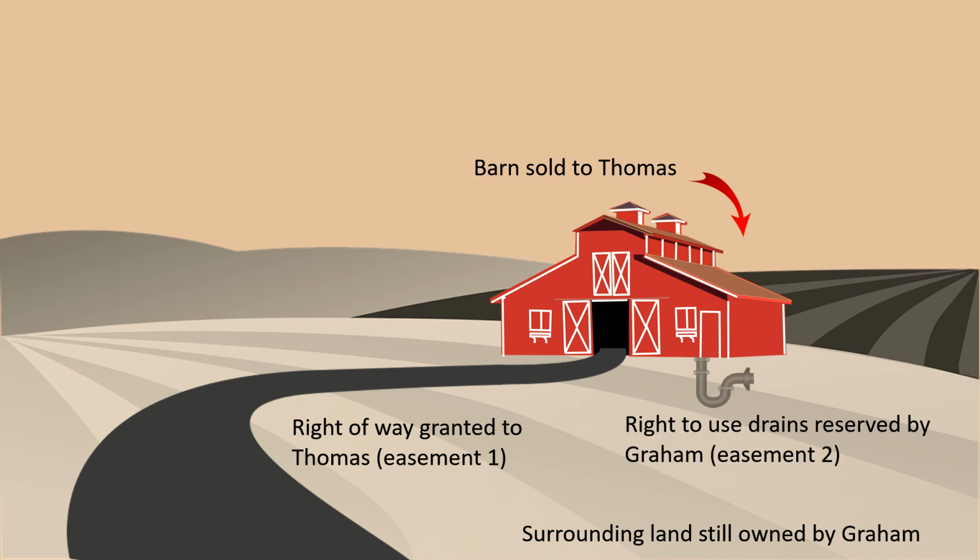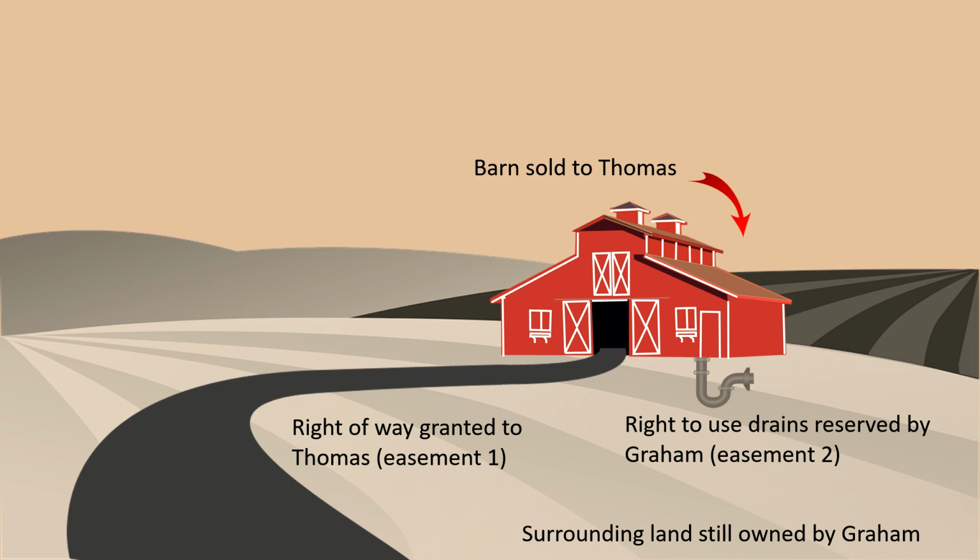Now, also at the same time, Graham still needs some access to the drains, and he needs the right to use the drains. And so this is a separate easement that exists at the same time, and this is being reserved by Graham when he sells the land.